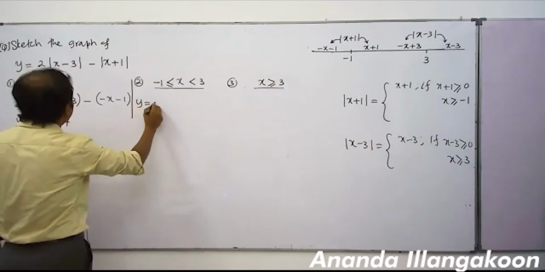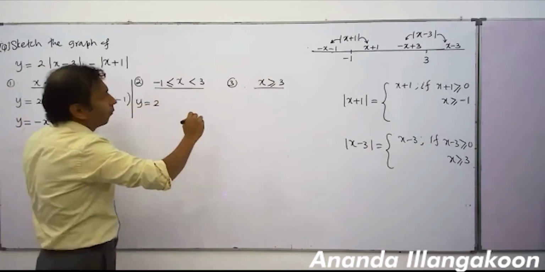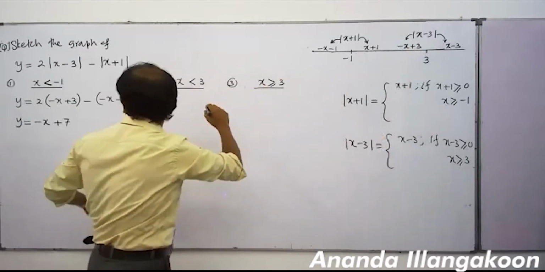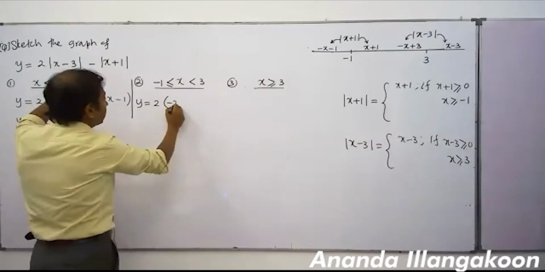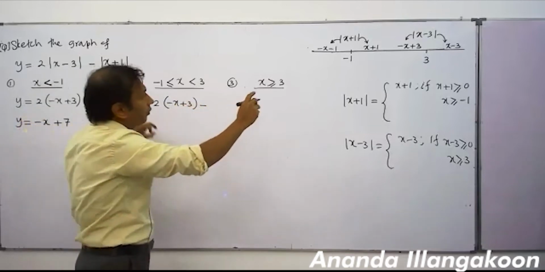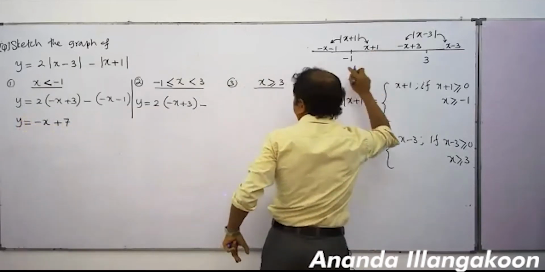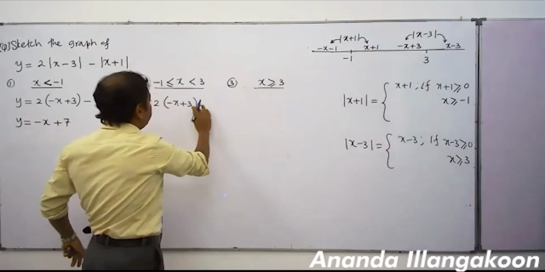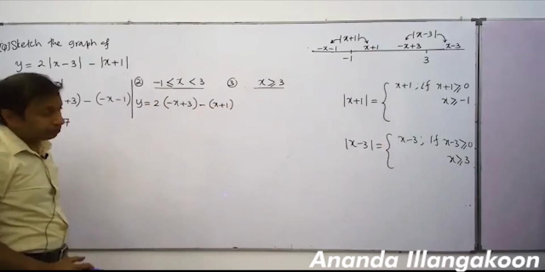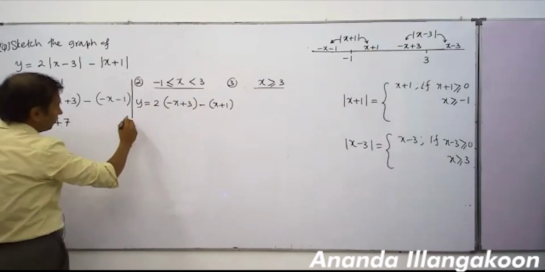Y equals 2 times mod x minus 3 in this interval. What is that? Minus 6 plus 3, within the bracket, minus 6 plus 3. Minus mod x plus 1 in this interval, it is 6 plus 1. Okay. Now simplify this.